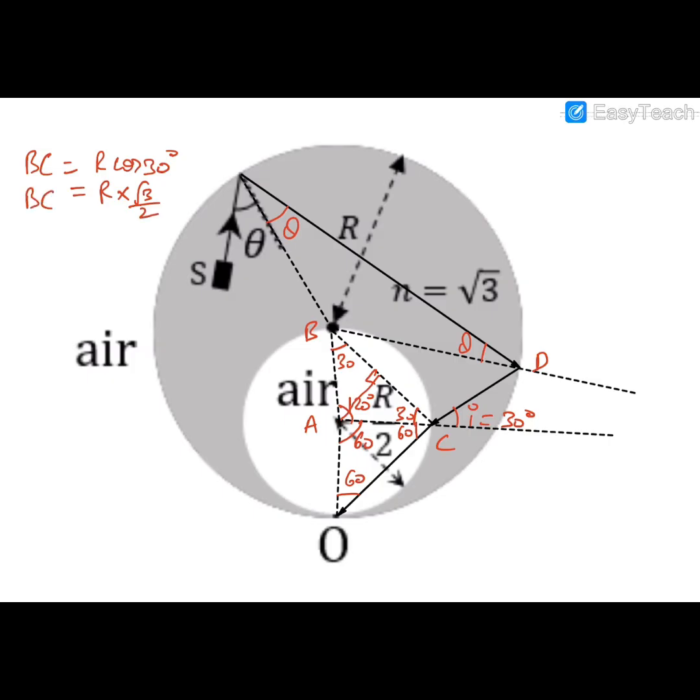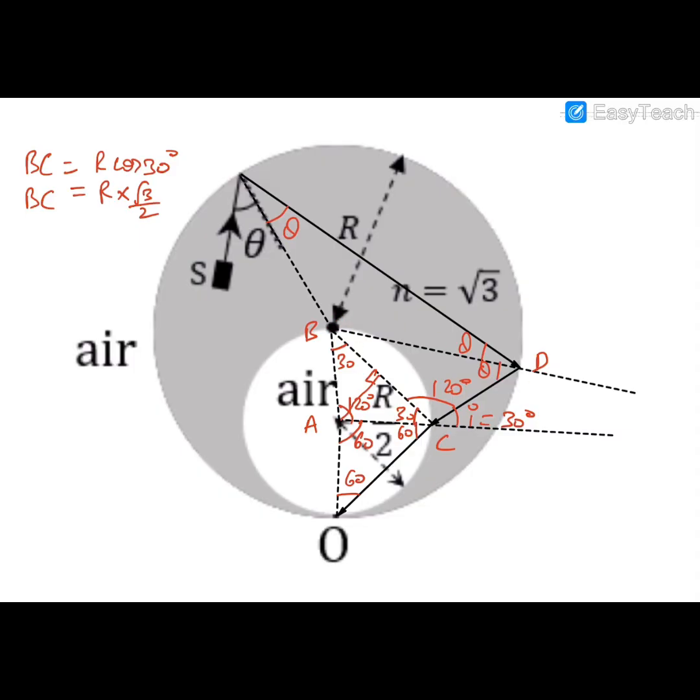This is BC. Okay, now this angle will be 120 and this angle will be theta. Now we apply sine law in this triangle BCD.